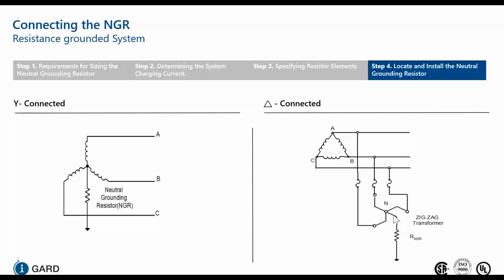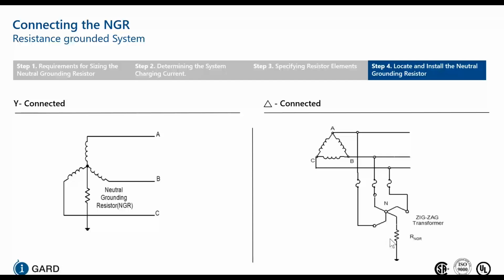When you get to a low resistance grounding system and you have an artificial neutral like a zigzag transformer, the impedance of the zigzag transformer becomes very, very critical, because the impedance of the zigzag transformer plus the impedance of the resistor still has to add up to the impedance necessary to limit the fault current to the full value.